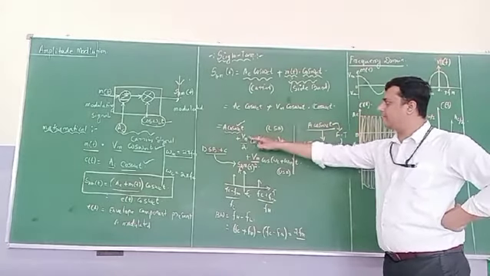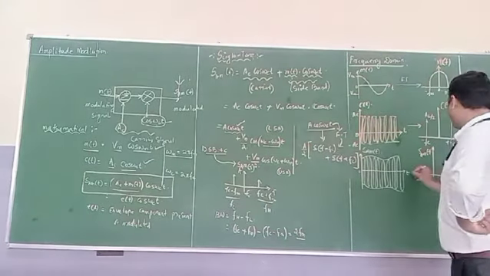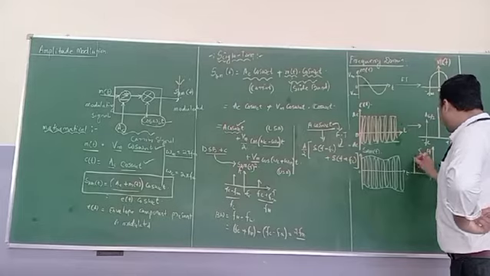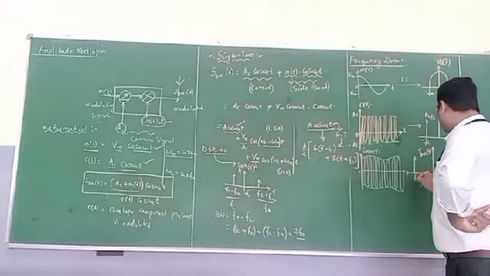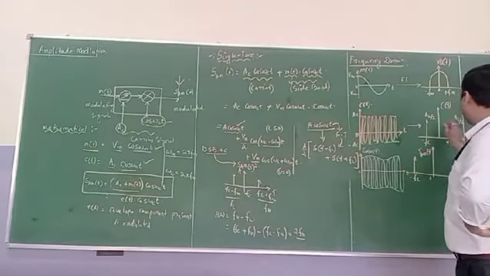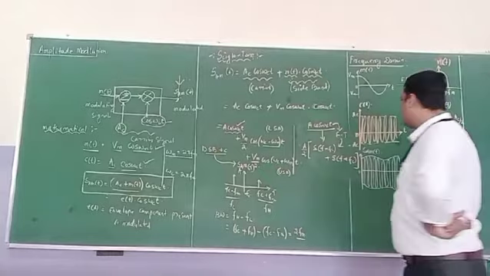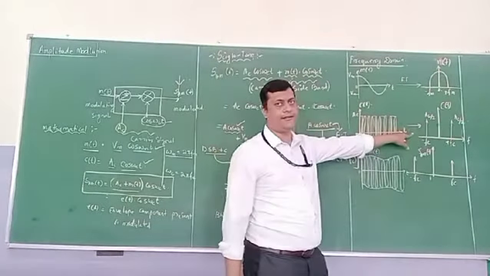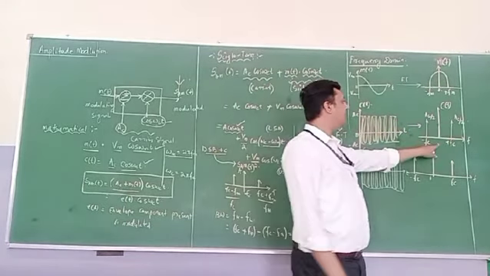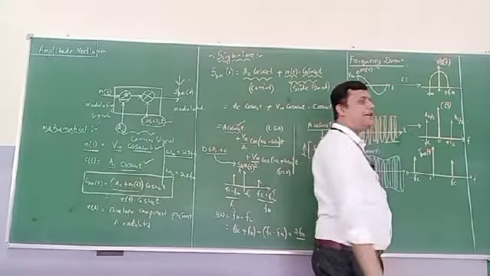Due to the presence of the carrier, the two frequency components are available at plus fc and minus fc, as per the above figure. This is the carrier. According to this carrier, the frequency is available at plus fc and minus fc.